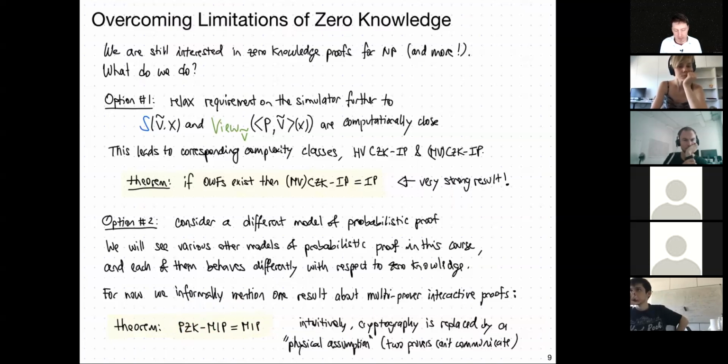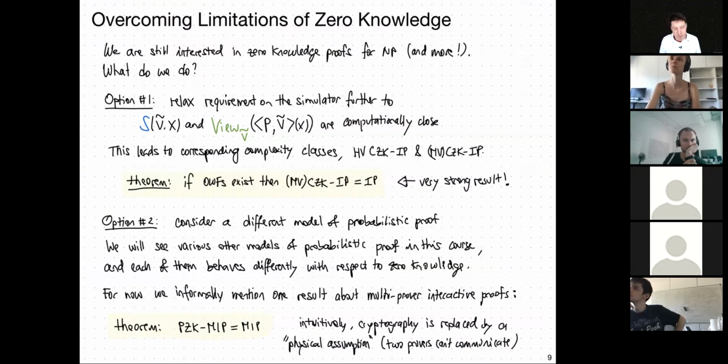In fact, the paper that introduced multi-prover interactive proofs in 1988 was not about the things multi-prover interactive proofs eventually became famous for, for example hardness of approximation or quantum, like MIP star. It was actually about zero knowledge. The paper was precisely saying, let's study how we can achieve zero knowledge without cryptography, and in order to do that, they formulated this notion of multiple provers.